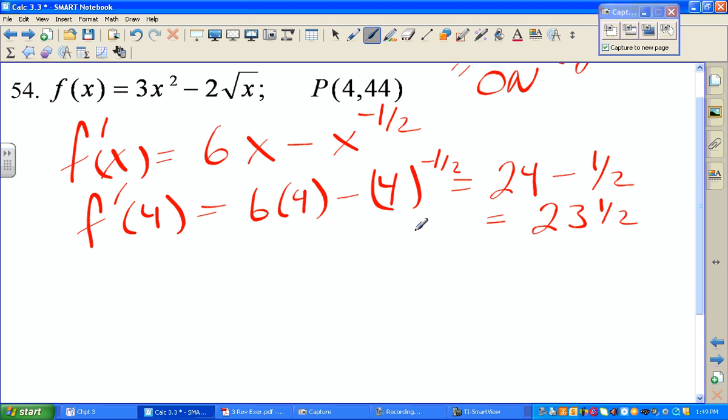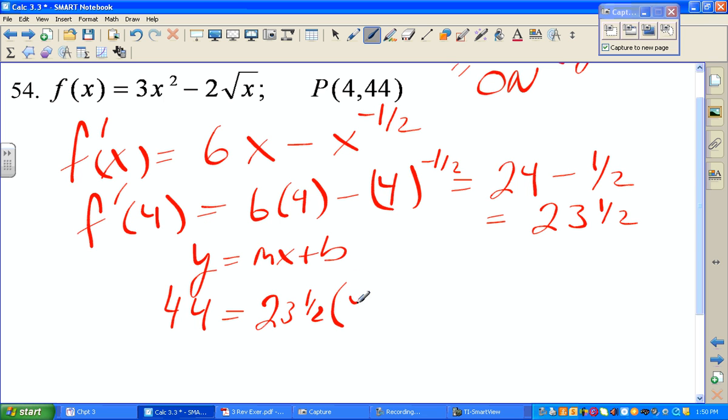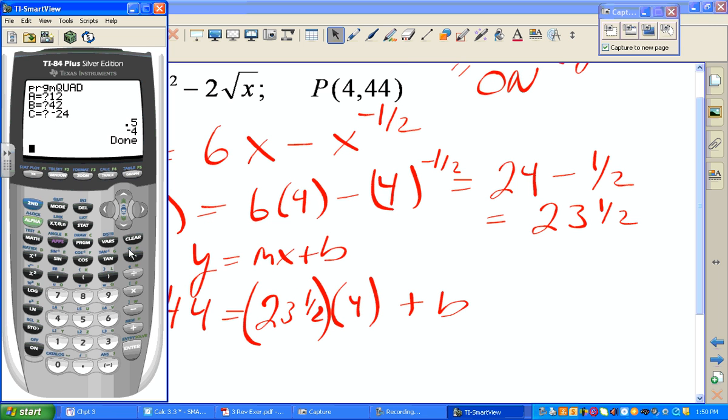So far, so good, huh? No, they just find the equation. Just a friendly reminder, when you take a mixed number on the TI times a number, you need to use parentheses.